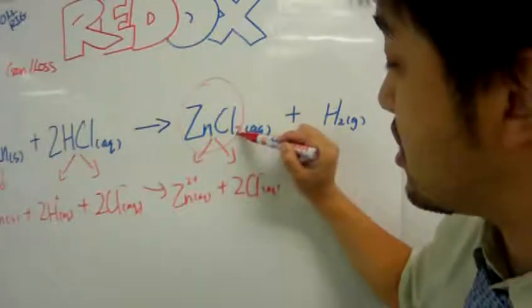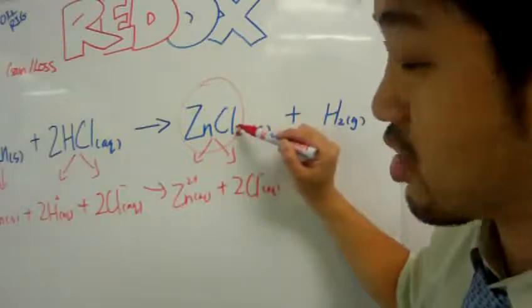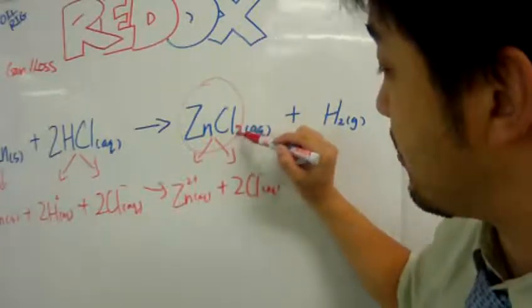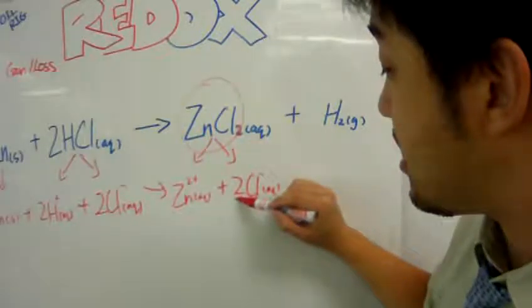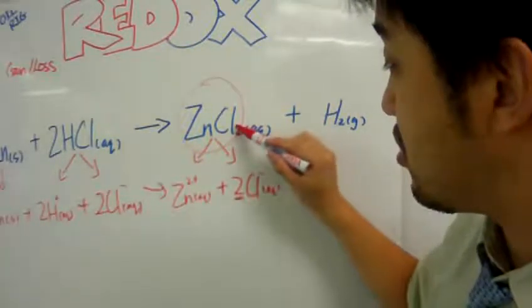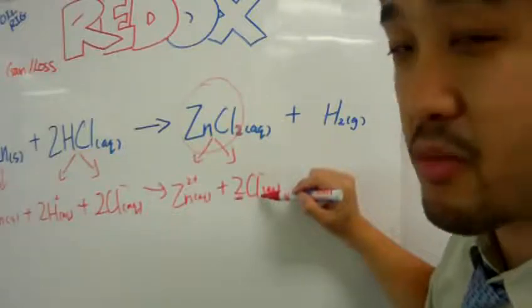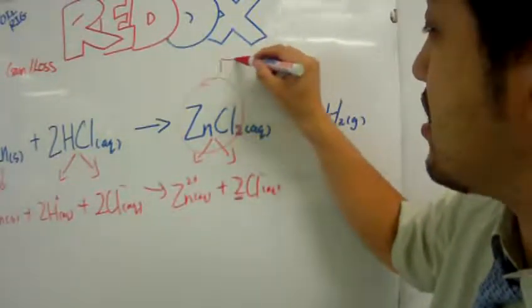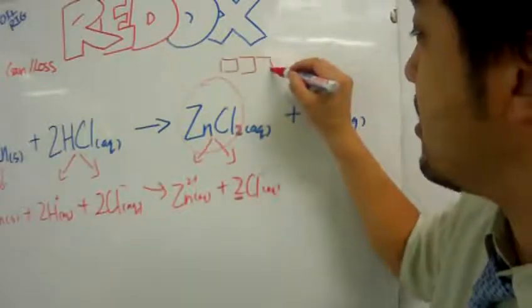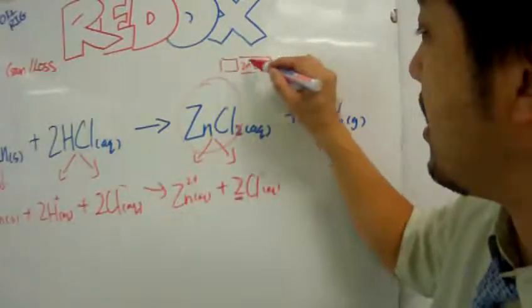Now notice that in the original formula for zinc chloride, the subscript, the number of chloride in here is 2, and it's written in the bottom right corner of this formula. But when it becomes ions, suddenly the number 2 is not written at the bottom right corner, but at the top here. Because zinc chloride is basically ions made out of zinc and chloride.